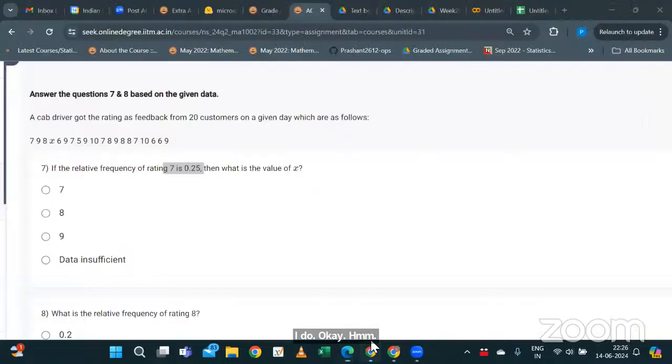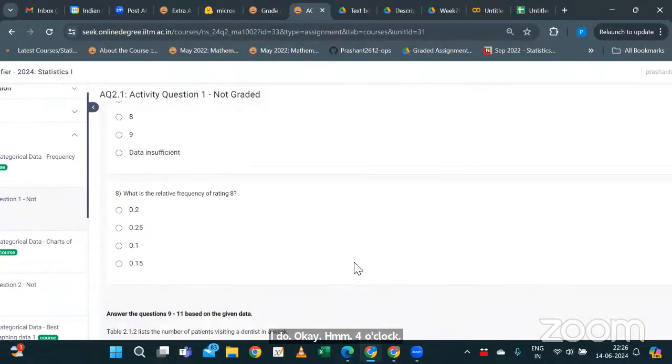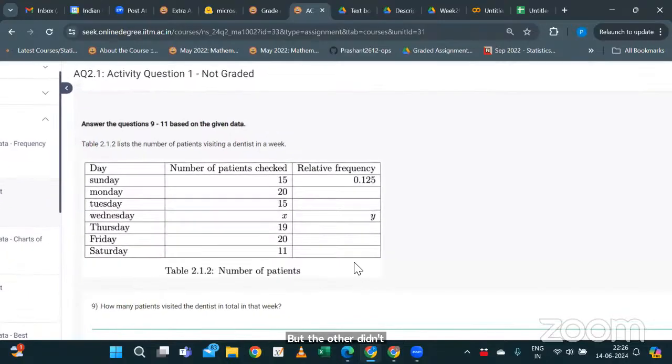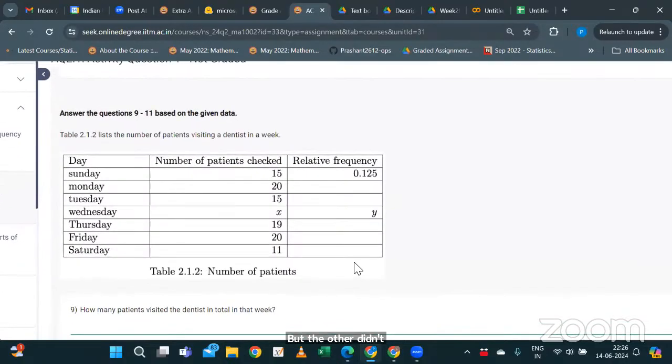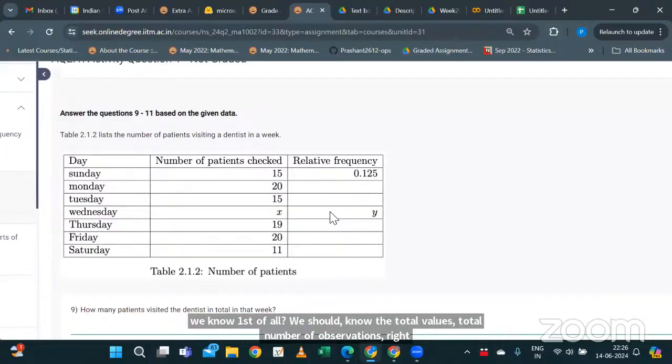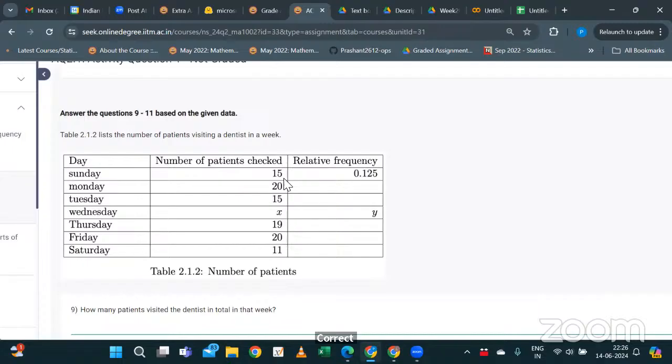For big data, the question will be like this. Suppose this is the question. Suppose I ask what is the value of, let's say, X. To know the value of X, what should we know first of all? We should know the total number of observations, right? Because all these numbers of patients are the frequencies.